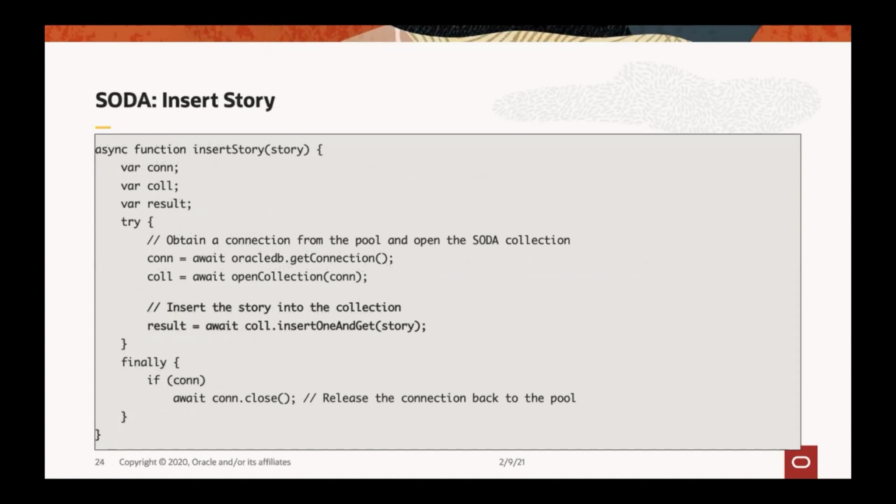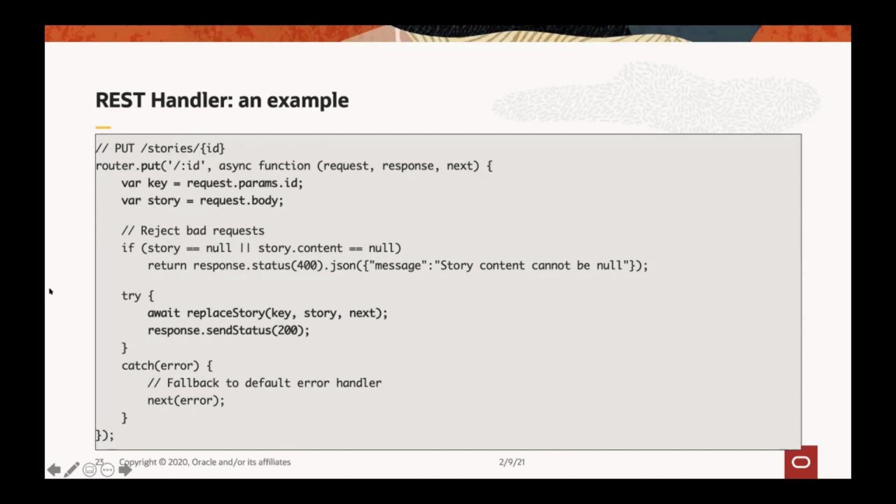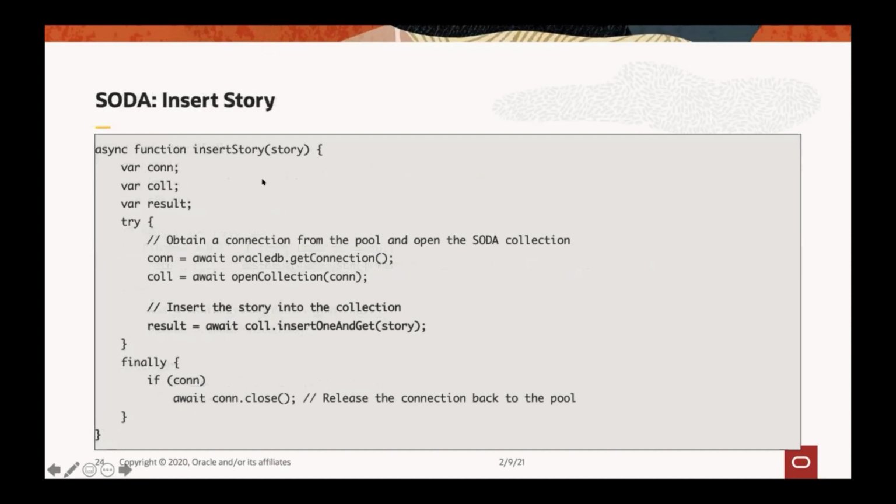I'm now showing you an example of insert using Soda. This function was requested by an Express function, right? Like I mentioned before, here is a REST endpoint. This function is mapped to a REST request, and it forwards the request to this layer to issue the Soda calls.